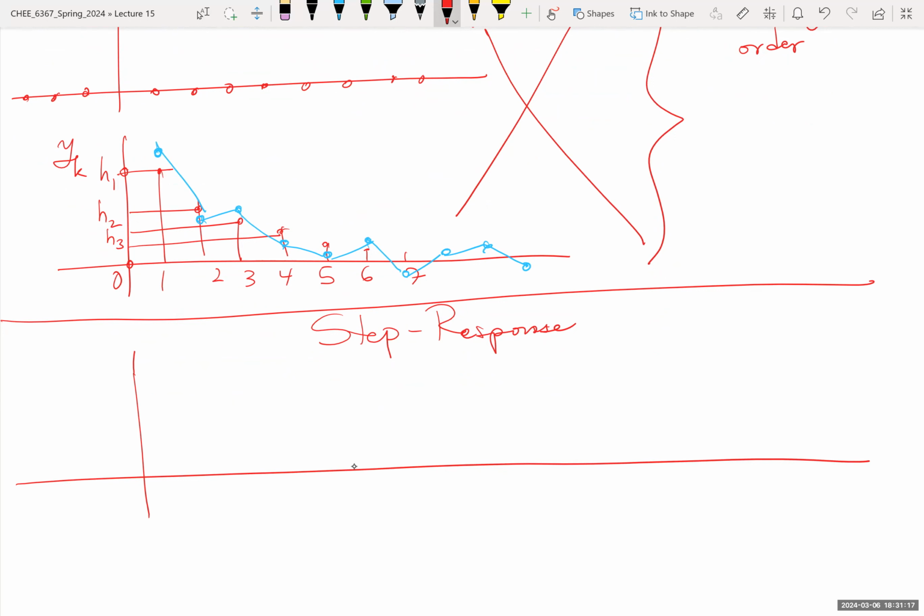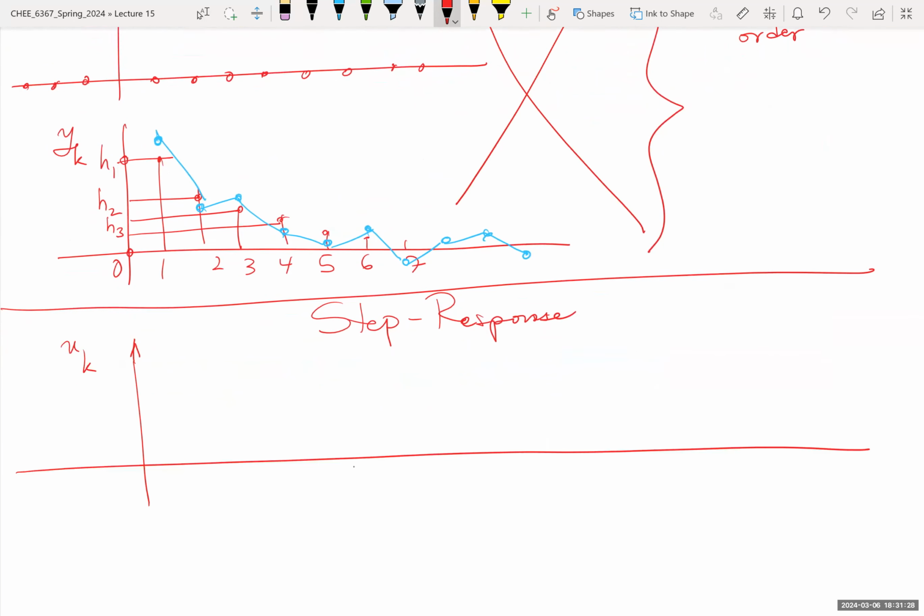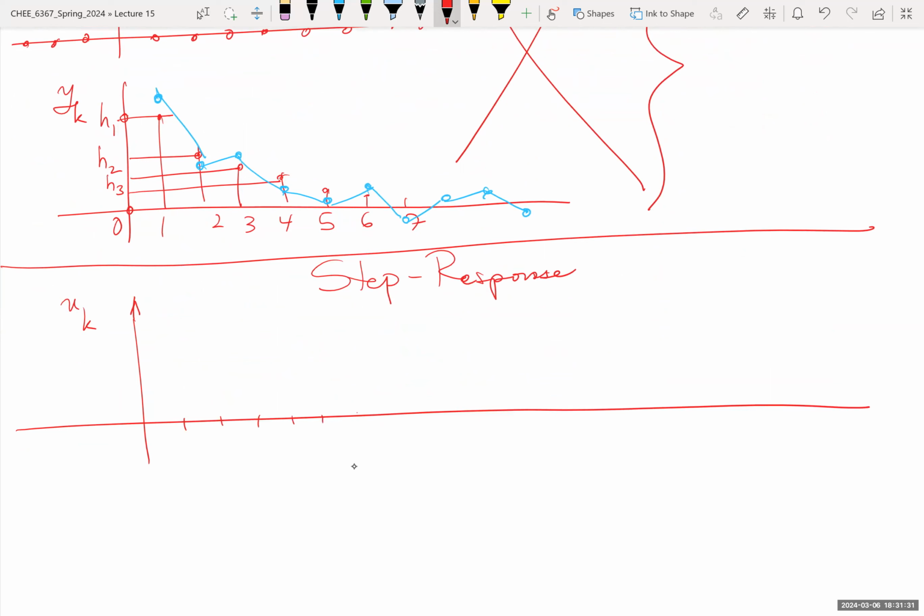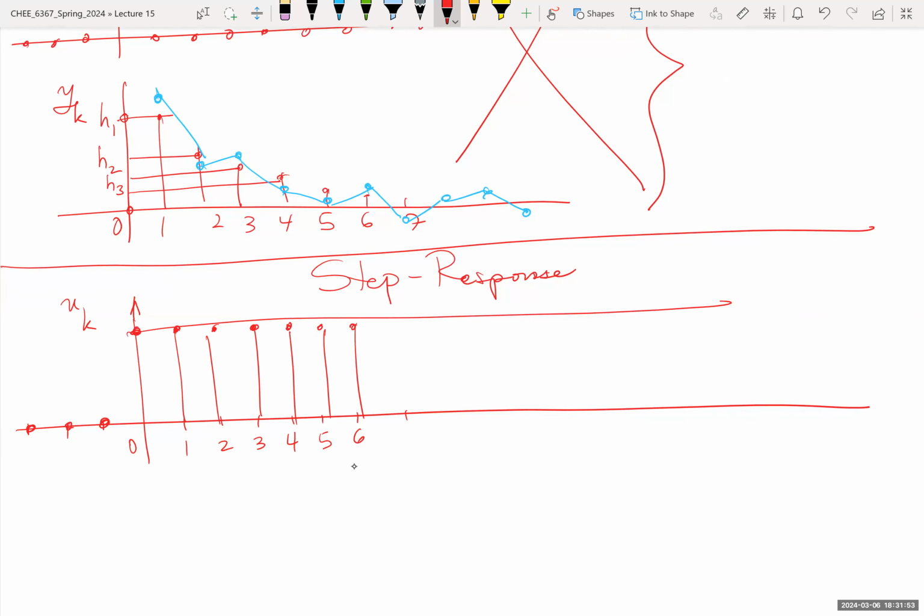Well, let's try to see here why this might be a better thing. So I might throw a step here. So now my input, my process, I'm starting with a process at steady state and throwing this input there. It's a step of magnitude, let's say 1.